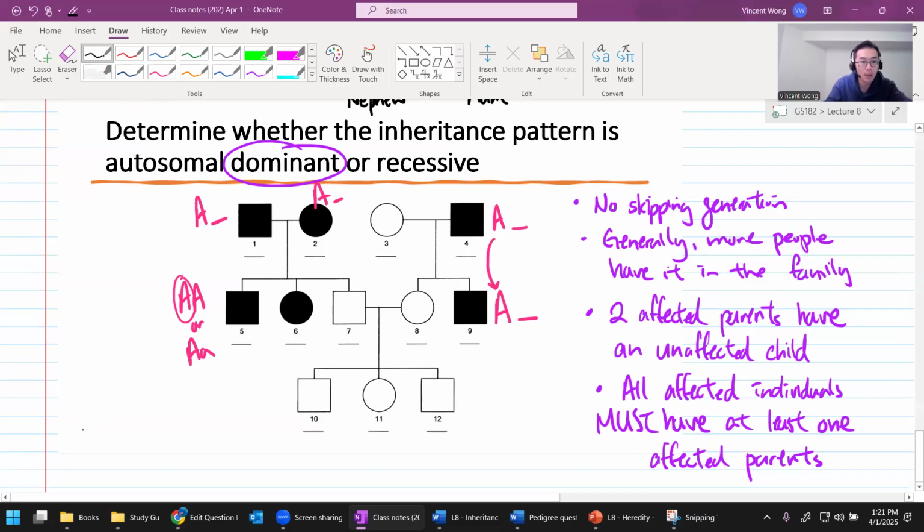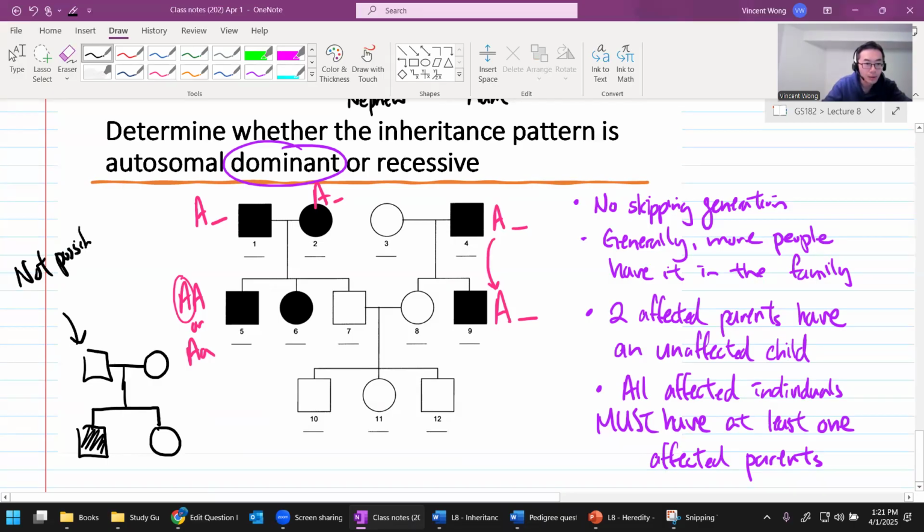Let me show you what I mean by that. Let's say I have someone like this. Okay, so no, that was wrong. There we go. This is not possible for a dominant trait. Listen to me and see why. This person has the trait, so he's capital A something. I don't know the other one, doesn't matter. Where did he get the capital A from?